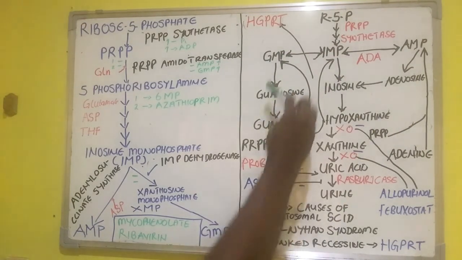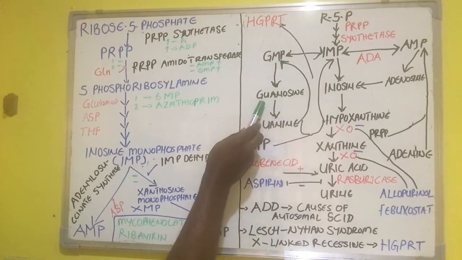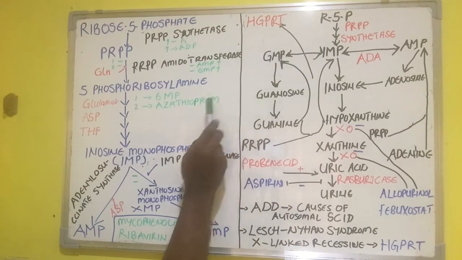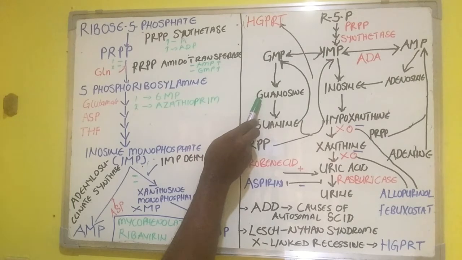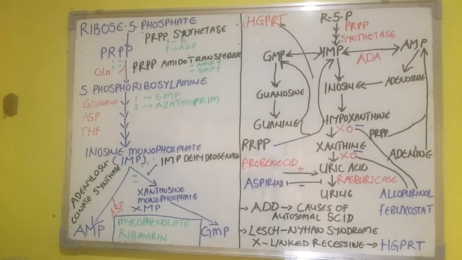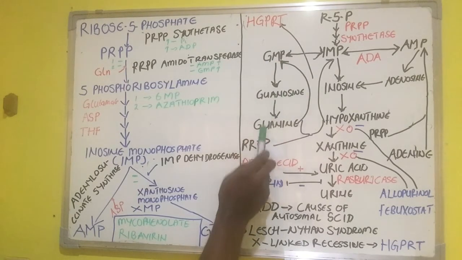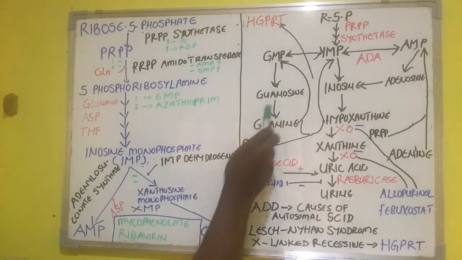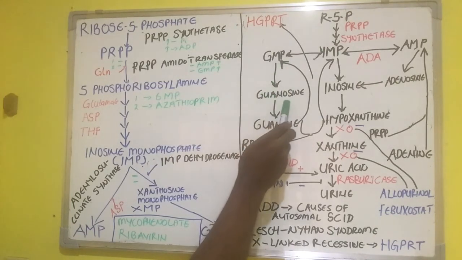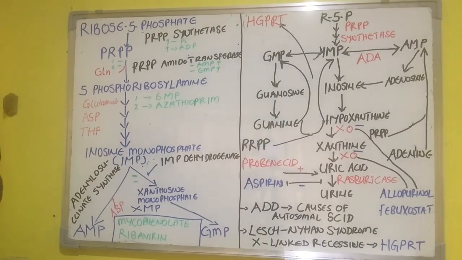Now GMP will be converted to this nucleotide, then this nucleotide will be converted to this nucleoside, which is GMP to guanosine, then guanosine to guanine.